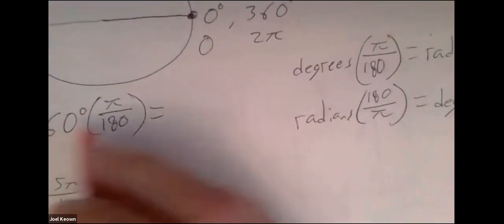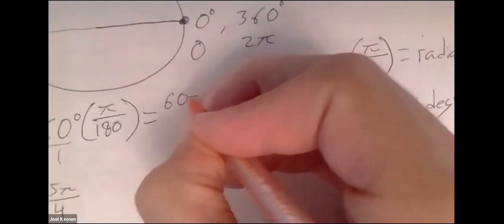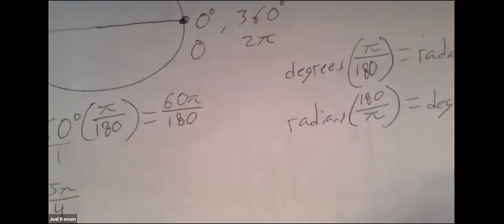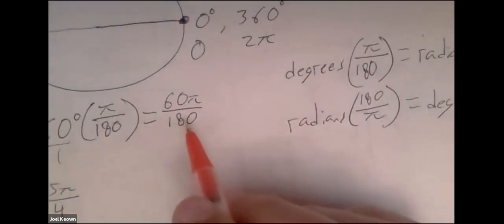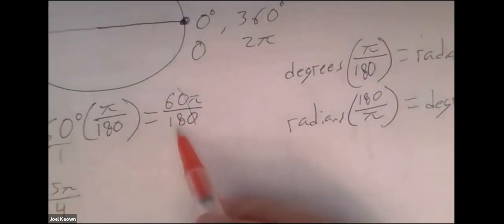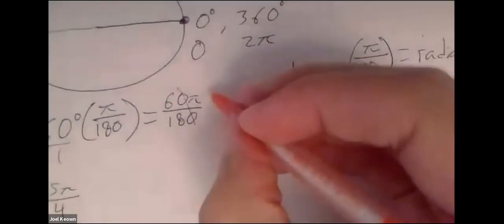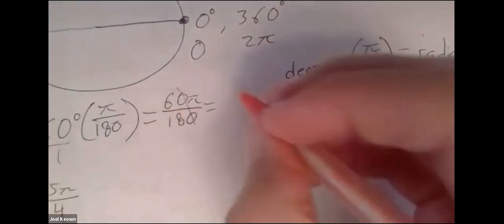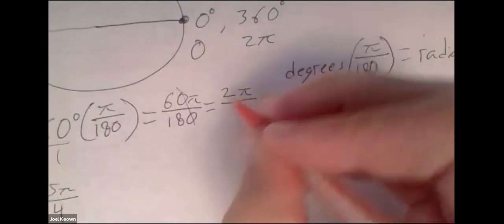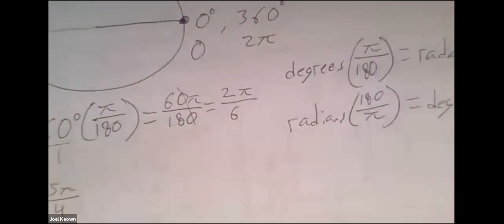If I multiply, this is 60 over 1, I would get 60 pi over 180. Well, 60 over 180, I can simplify that. I can say, well, those zeros cancel out. 6 over 18. Oh, I can divide 6 and 18 by 3. 6 divided by 3 is 2. 18 divided by 3 is 6.